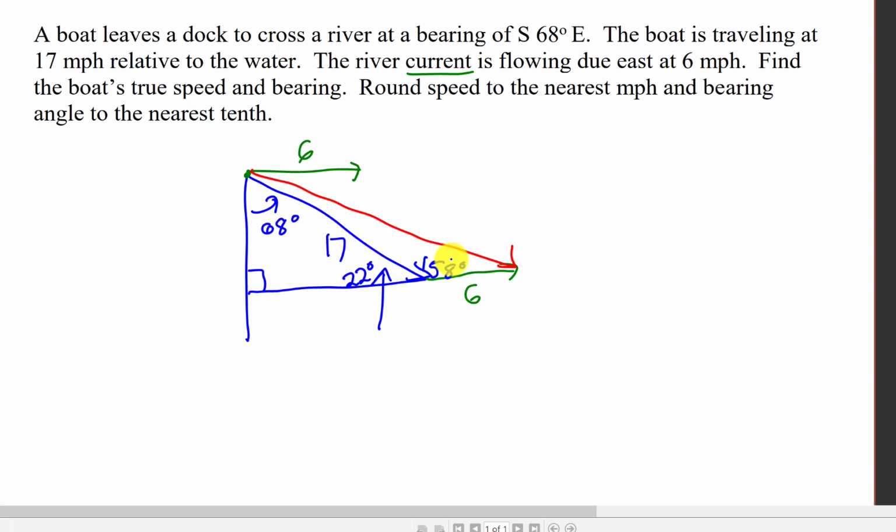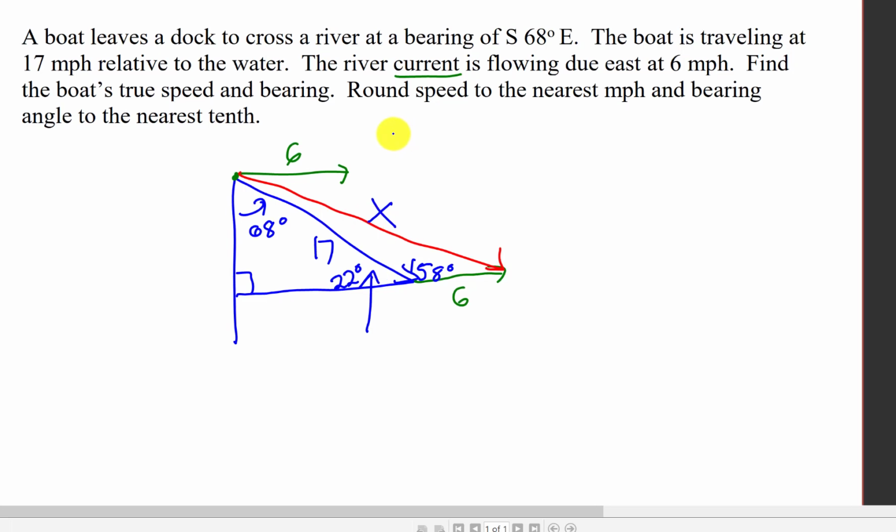Now I have a triangle made up of the side, angle, side that I know, so I can use the law of cosines and find how long this is, and that will be the true speed of the boat. So let's do that. That side squared equals the sum of the squares of the other two sides, 17 squared plus 6 squared, minus 2 times the product of those two sides times the cosine of the angle between those two sides.